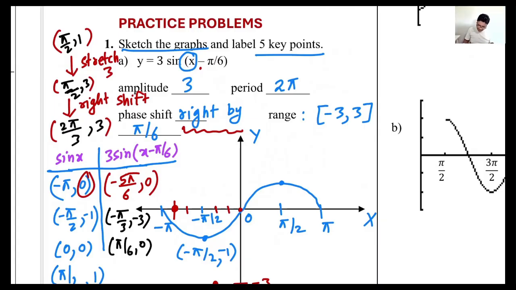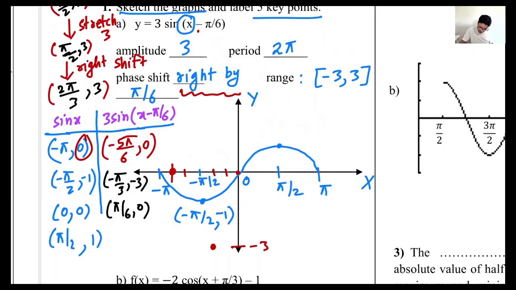Okay. And where's 2 pi over 3 in the graph? 2 pi over 3 is 120 degrees. So it's the first one here. The first red after pi over 2. That's how I figured that out. Okay. And the y value is 3.